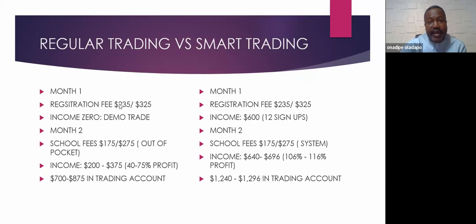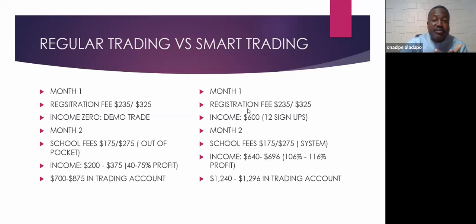He registers either on single pack with 235 or on early 325. The smart trader also registers with $235 or $325. The income of the regular trader is 0 in his first month, because all he's doing is demo trading. For the smart trader, in his first month, he makes $600 from income from the 12 signups he has.